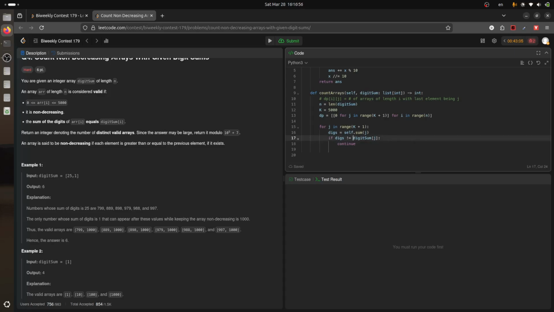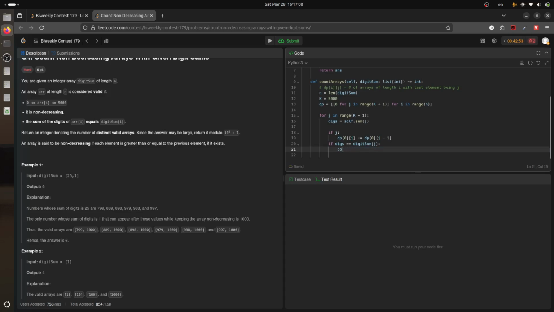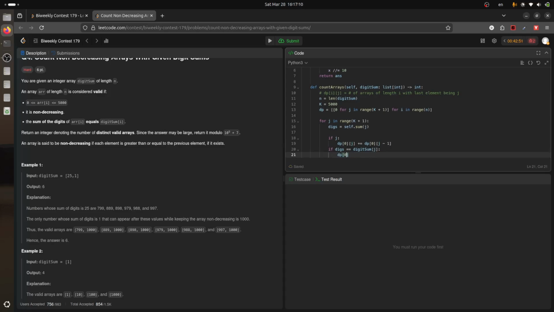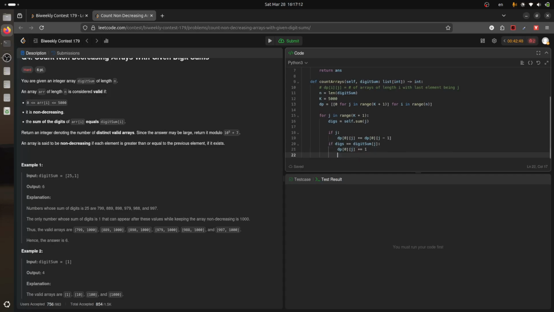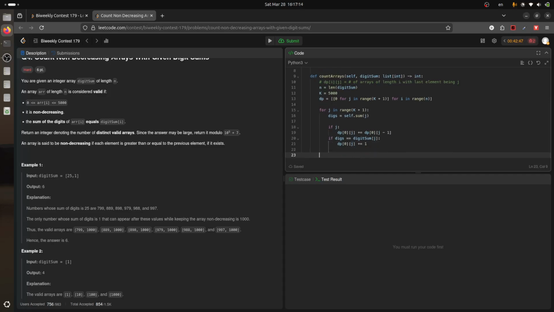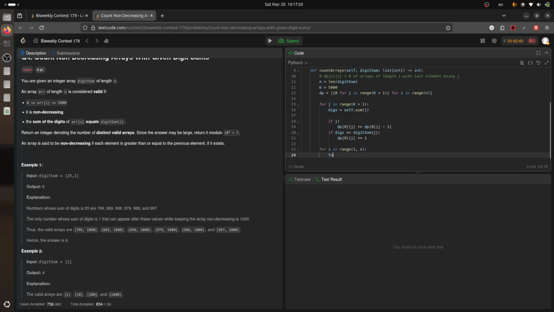So if it's equal, dp[0][j] is dp[0][j] minus 1, and if it's the same, then we just do dp[0][j] += 1. Okay, plus equals 1, that's great. And then for i in range 1 to n, for j in range k plus 1.